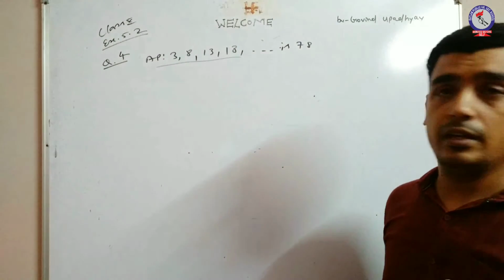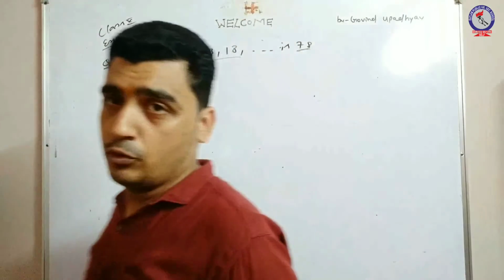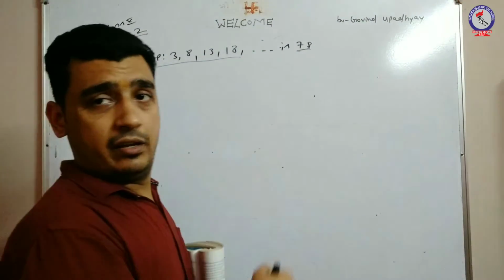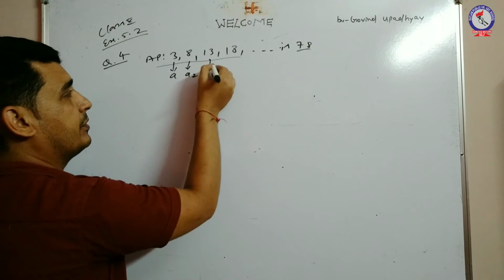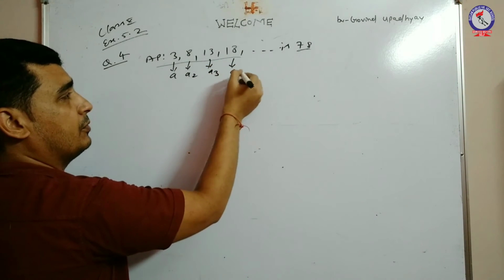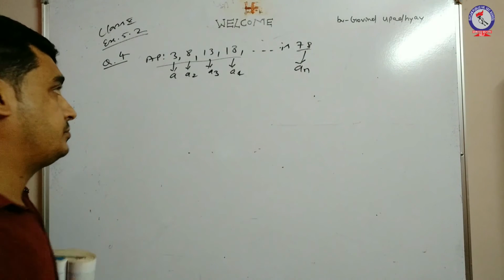This is a series and this is a term, but we don't know which term this is. So this is our AN. This is our A, this is A2, A3, A4 and this will be AN.